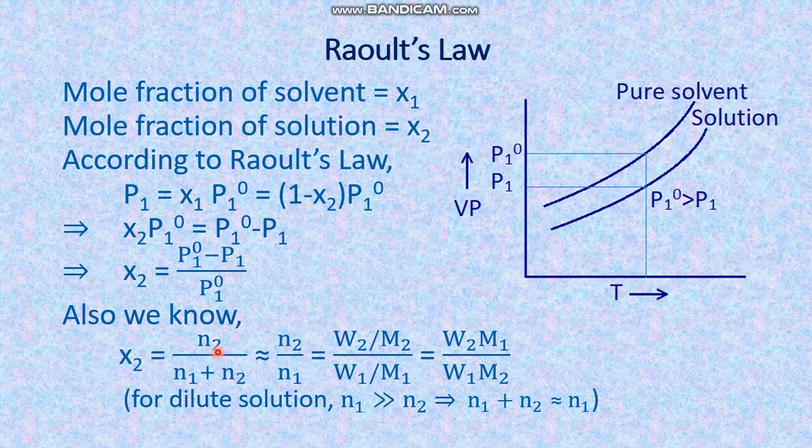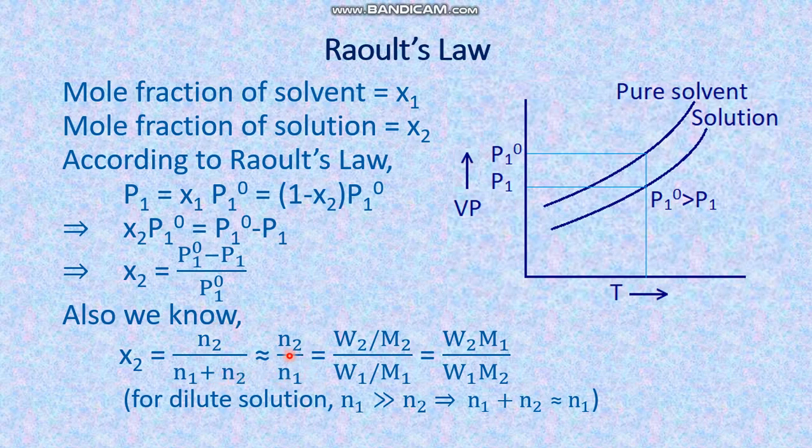Now x2, the mole fraction of the solute, is actually N2 by N1 plus N2. But since this is the chemistry of dilute solution, N1 is very much greater than N2, because a very small amount of the solute is dissolved. For a dilute solution, N1 is very much greater than N2. As a result, N1 plus N2 can be written as N1, almost equal to N1.